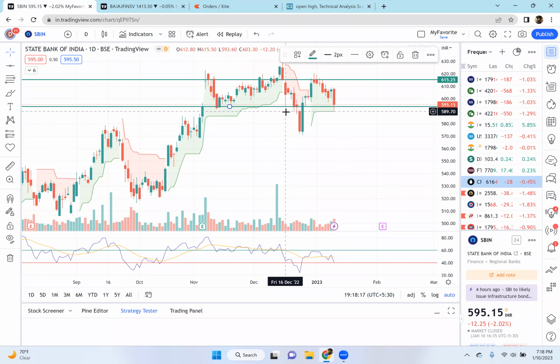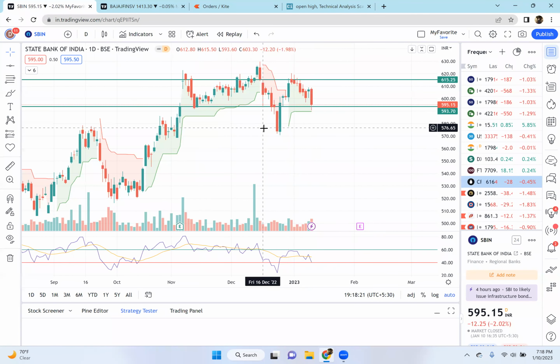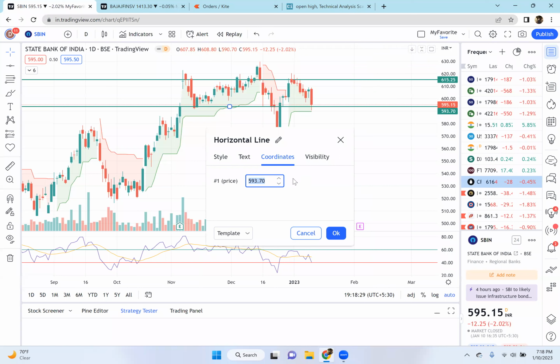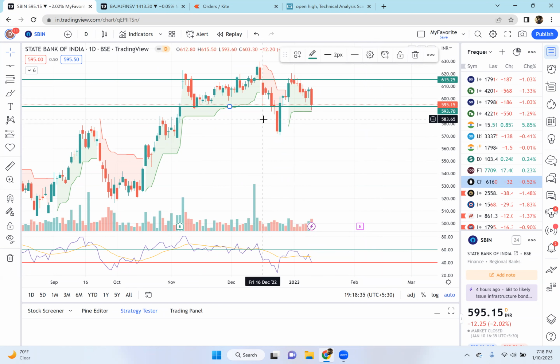593.4. Now, if we look at this particular candle, let me just mark it correctly. The low is 593.6, right?